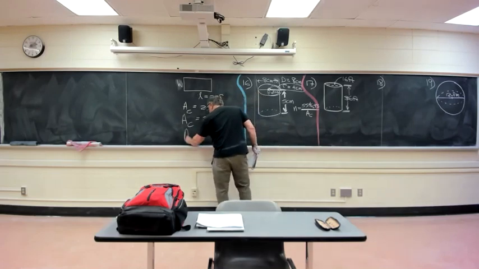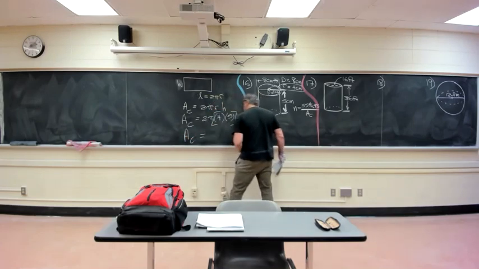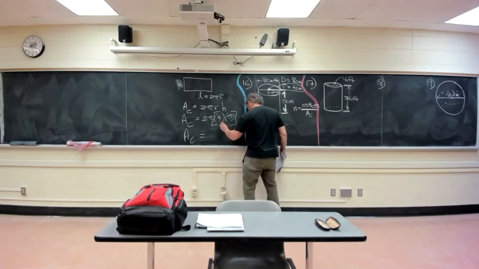Well, that's kind of interesting. We can kind of wheel and deal with that a little bit. 4 times 5 is 20, times 2 is 40, or you can leave the pi there for now. 2 times 4 is 8, times 5 is 40. Now throw the pi in there.